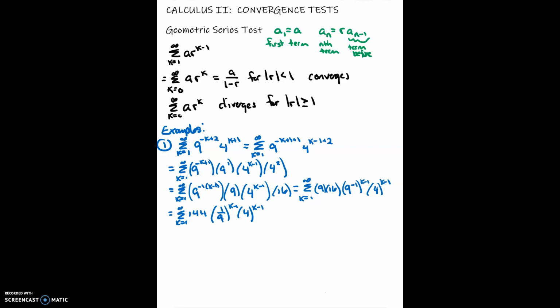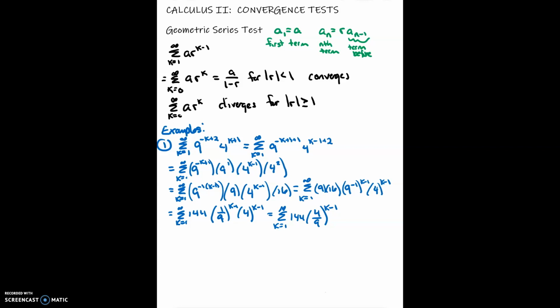And since these have the same exponent, k minus 1, I can actually put them together. So we have 144 times 4 over 9 raised to the k minus 1. And that's exactly what we want.